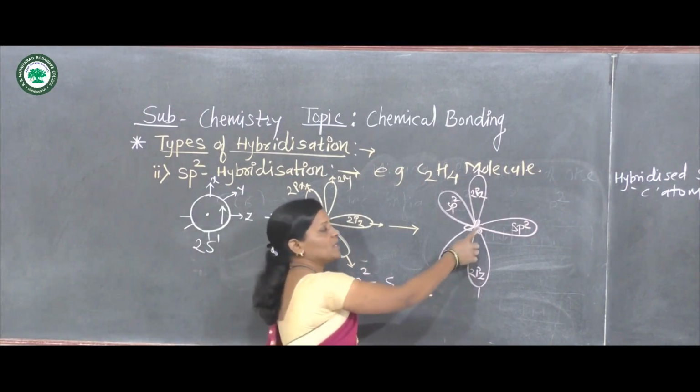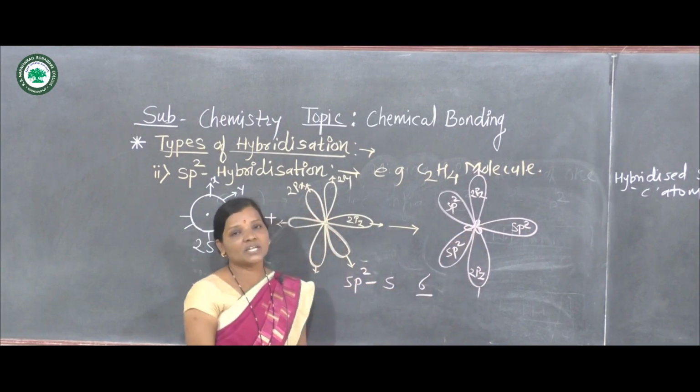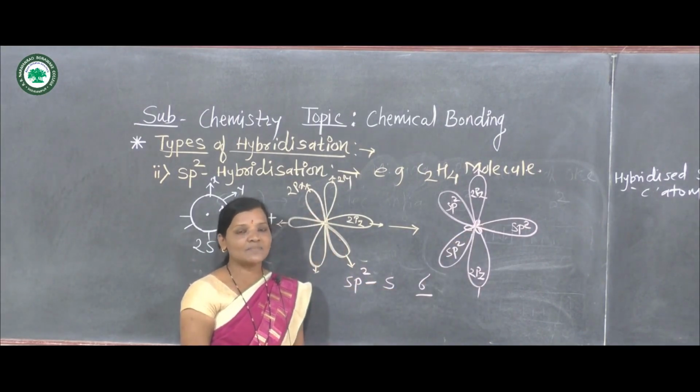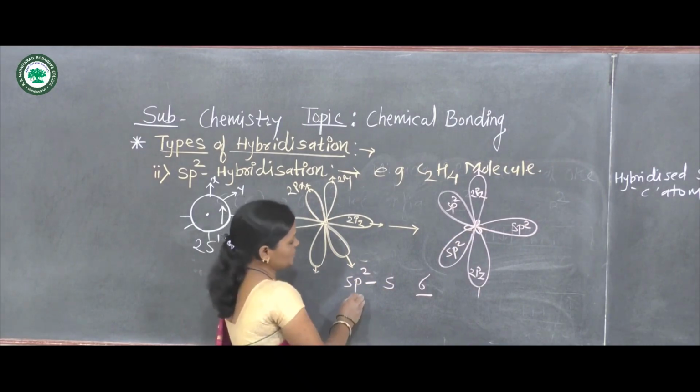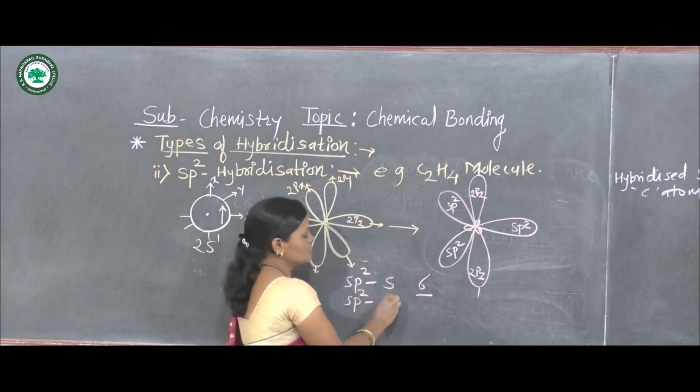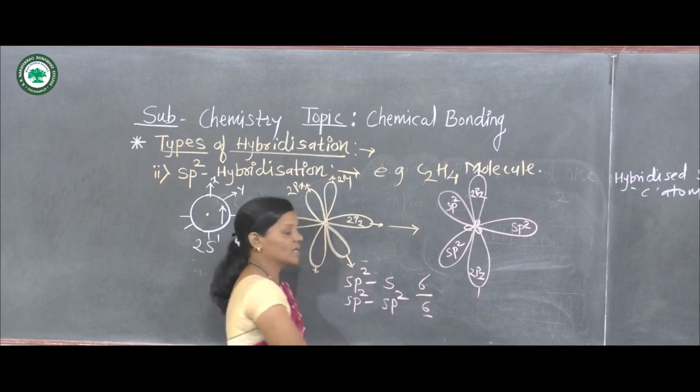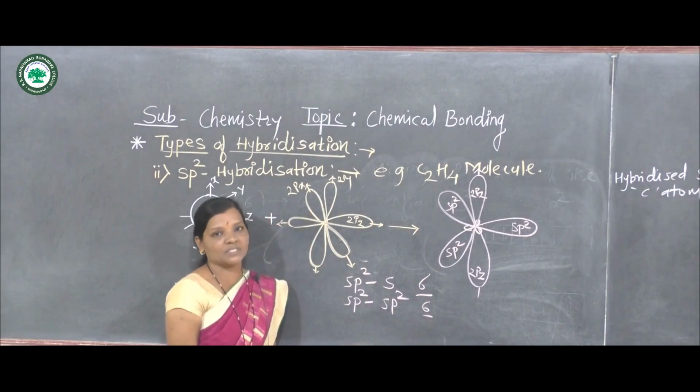And the third sp2 hybrid orbital of each carbon atom also overlaps axially, and there is formation of one sp2-sp2 sigma bond between the 2 carbon atoms.